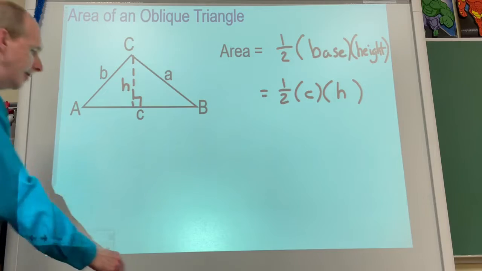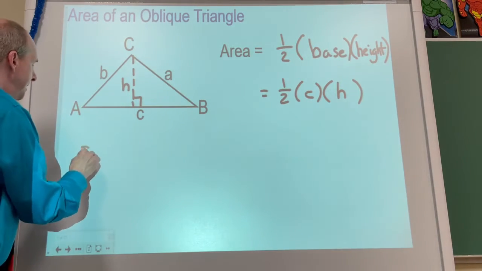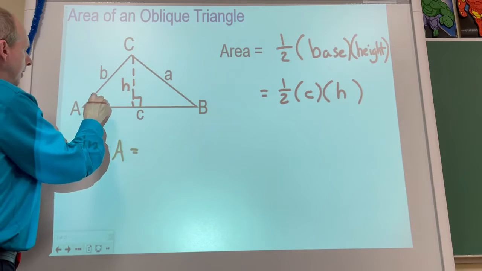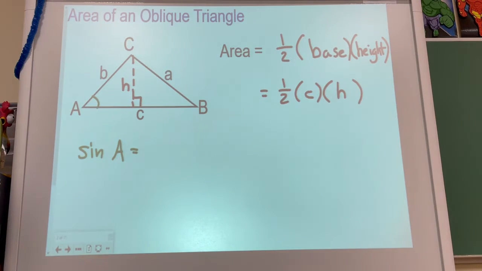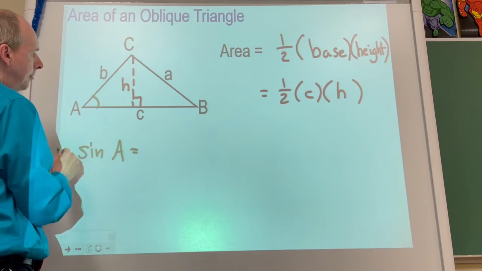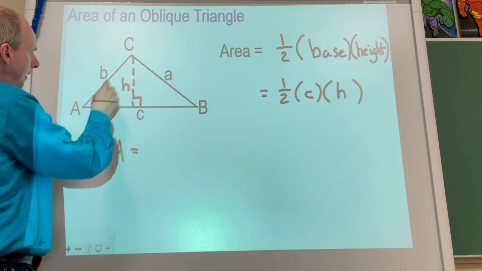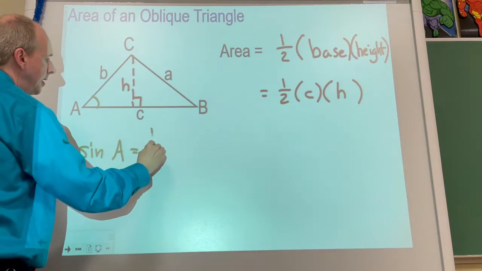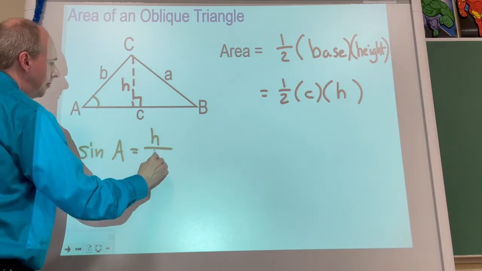One way would be taking the sine of angle A. Sine of angle A would be opposite over hypotenuse, right? So opposite would be h, hypotenuse would be b.